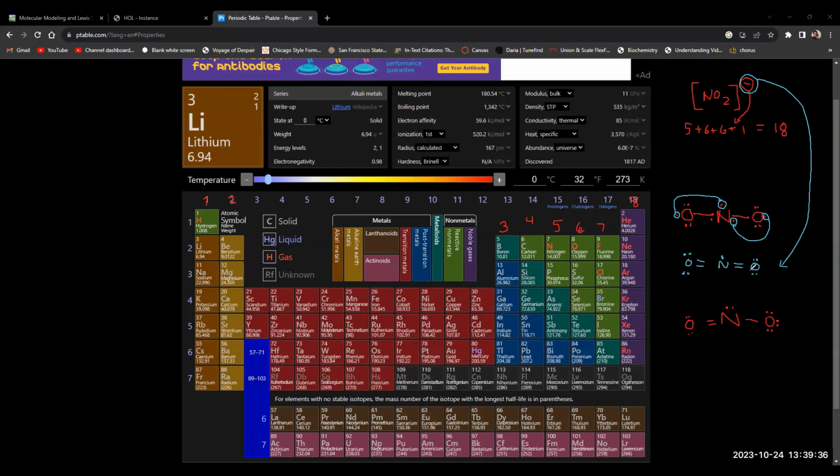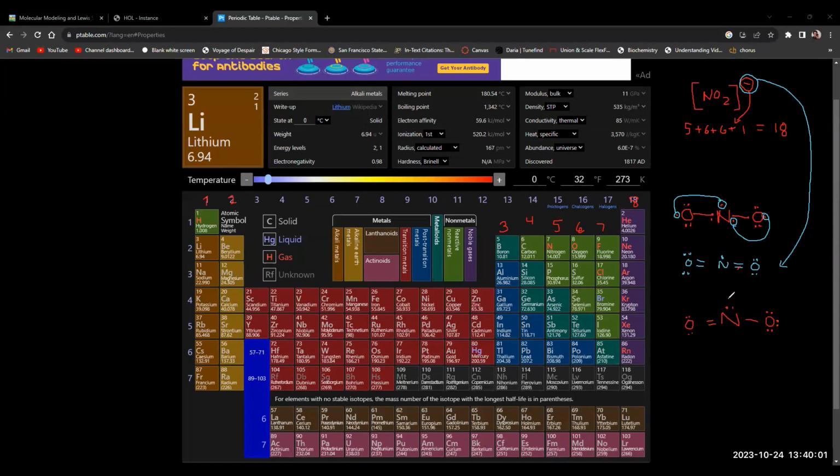So what I did here was I got rid of this double bond, brought it back to a single, and we took that charge, the excess valence electrons, and added it onto the oxygen. And now if we count, everything should work.